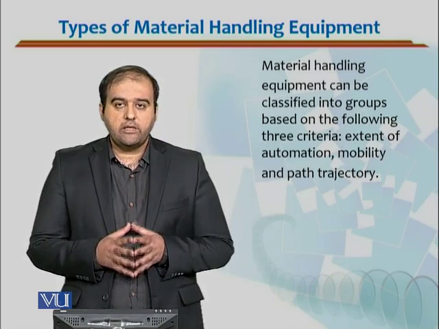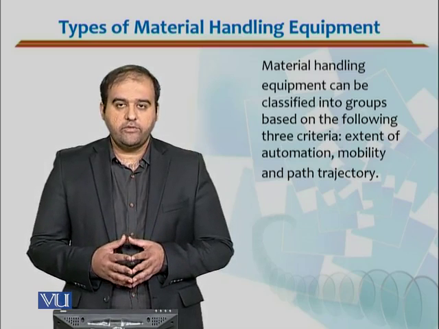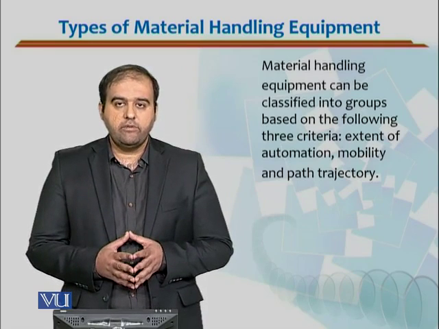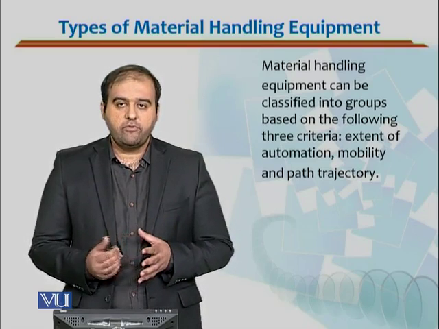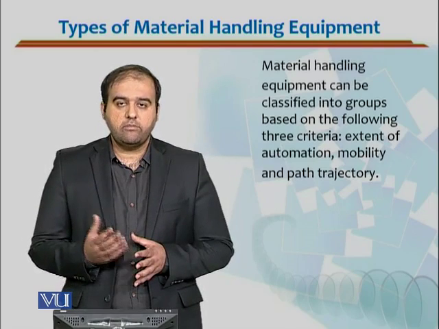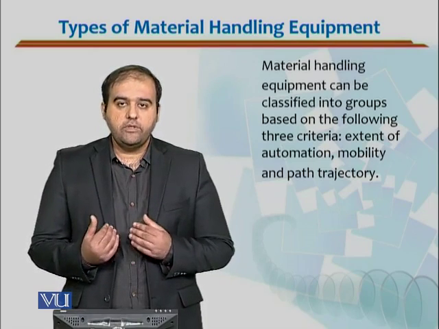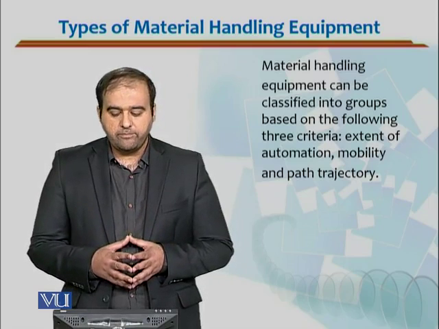For example, a guided vehicle could be an AGV, that is, an automated guided vehicle. The difference would be in the level of automation. The level of automation would be higher for an AGV, but for a guided vehicle which is being operated by some person or human, the level of automation would be lower than that of an AGV.